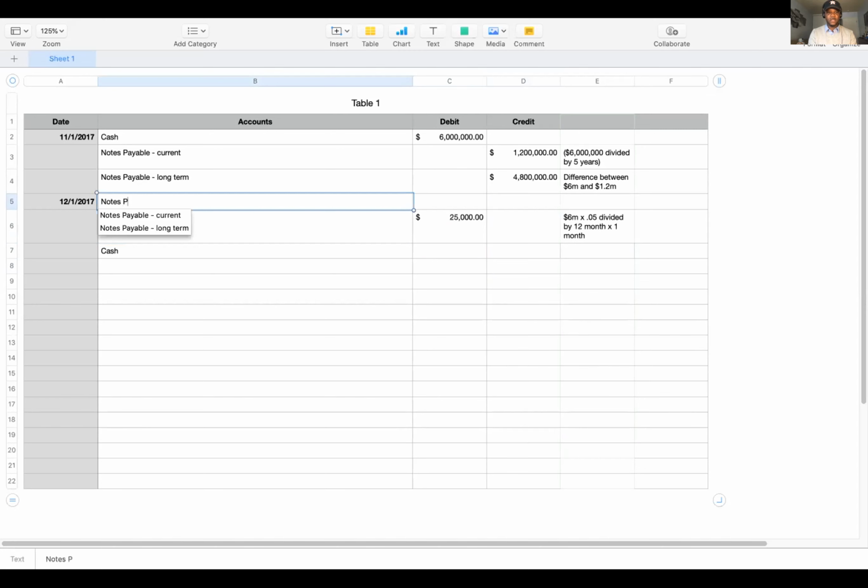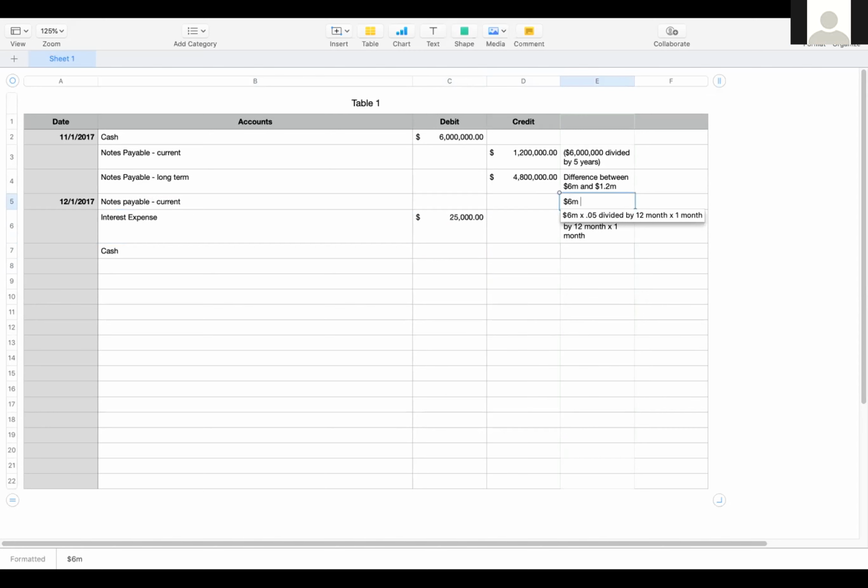We also have to pay on the principal balance. So how much do we owe on the principal? 500,000? No. We owe $6 million, and we're going to pay that over 5 years. 100,000?